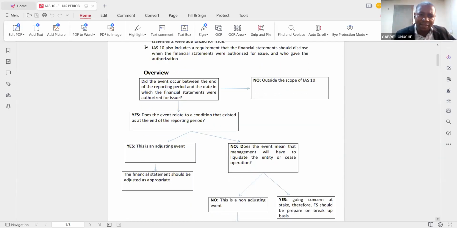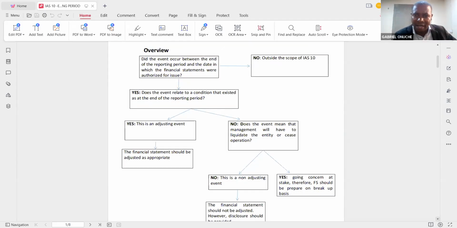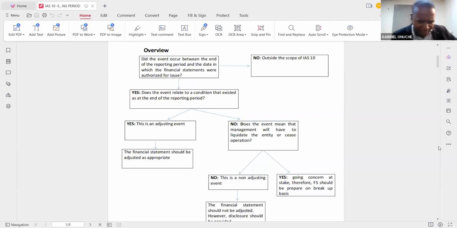So let's quickly look at the overview, and I've put this up to aid our understanding. Please, if you have any question, kindly raise your hand or unmute yourself and speak as the class goes on, so that we'll be able to understand properly or ask questions where necessary. Let's quickly look at the overview before we begin to look at some definition of terms.